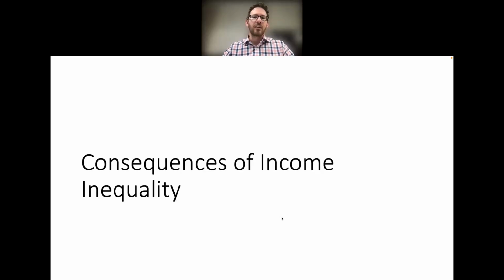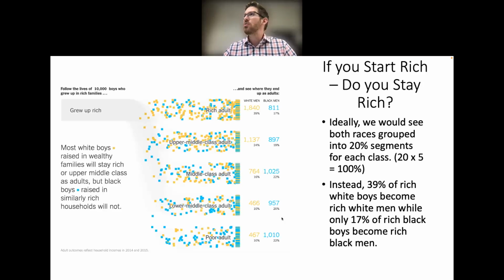So, if you start rich, do you stay rich? In this New York Times article, they looked at 10,000 boys who grew up in rich families and saw where they ended up. We would ideally see both races grouped into 20% segments again.